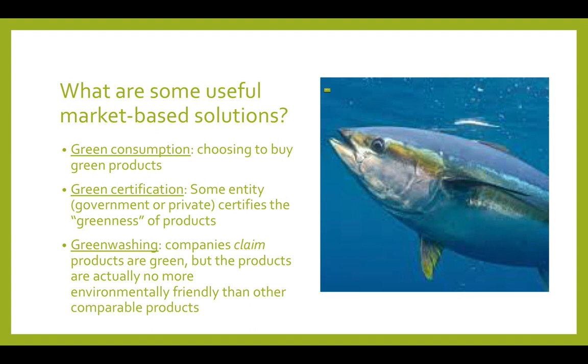We mentioned this a few weeks back when we talked about BP, what used to be British Petroleum. Sometimes companies will claim that their products are green or claim that their company is green, which means environmentally friendly, but their products might not be any more environmentally friendly than other comparable products. So you have to keep an eye out for that. If there's a label that says it's environmentally friendly, is it a label that you recognize? Is there a particular certification that you know about that's recognizable?